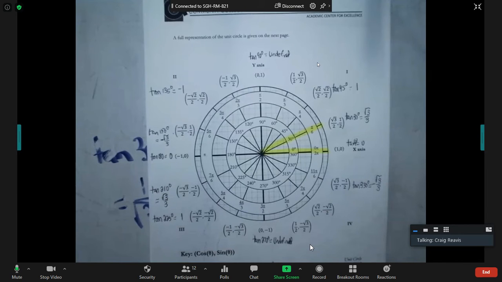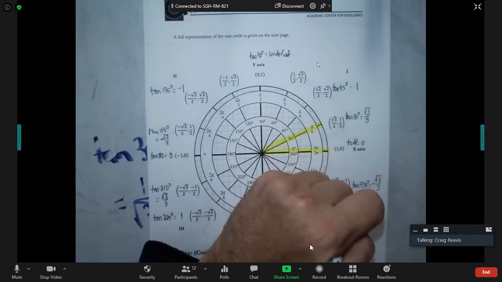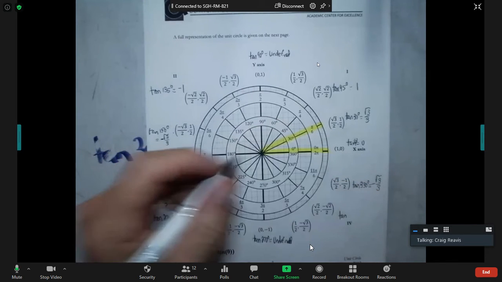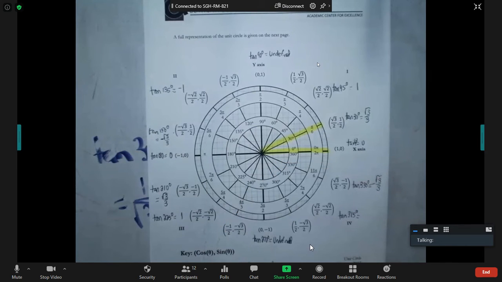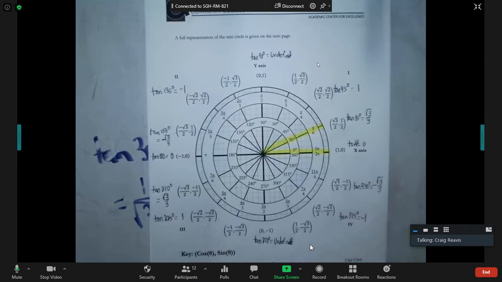It's a negative over a negative, so we know the resulting value is positive. And then down here, tangent of 315. We know it's 1. It's a negative over a positive, so we know it's going to be negative. So there we filled in the tangent off our unit circle.